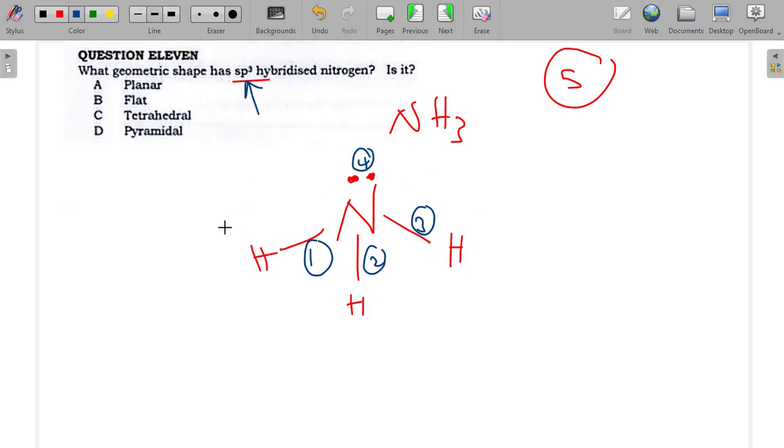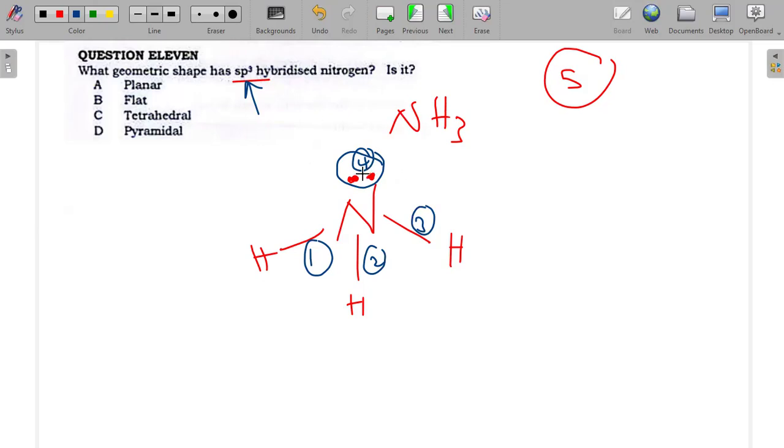Now what is the shape of this guy? Without the lone pair here, the shape would have been tetrahedral. If these electrons were also in a bond, it would be called tetrahedral. But because this is a lone pair here, it will not form a tetrahedral geometric shape.